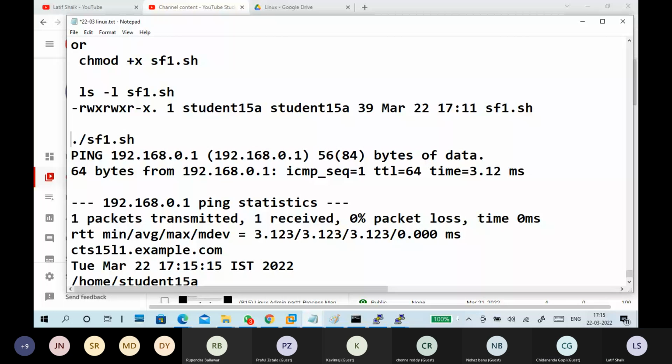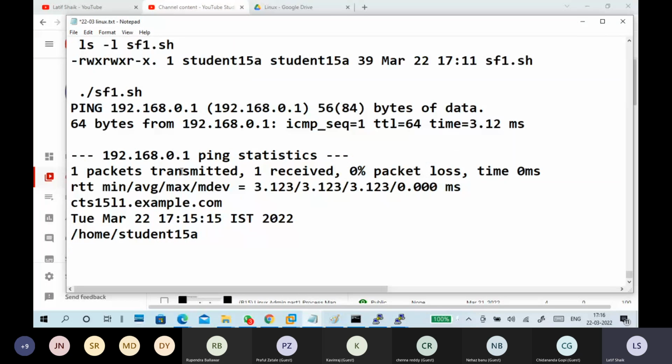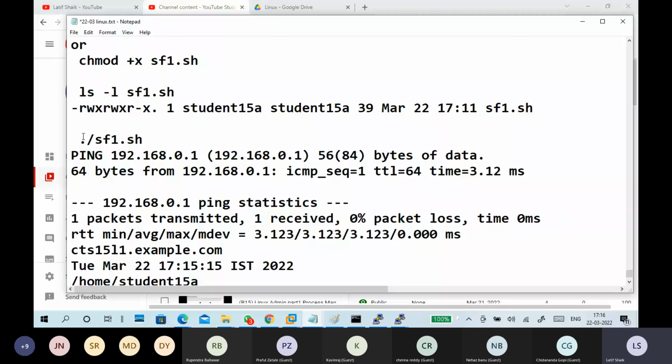Script files should be executable files. You can also give it like this; either way it works. This is how to execute executable files. Dot slash is execute. Dot slash represents the current directory. The file is in the current directory.